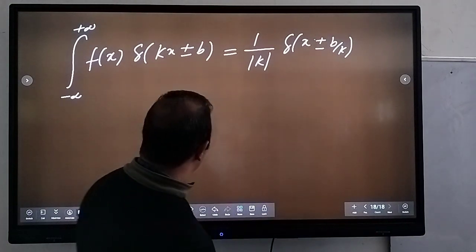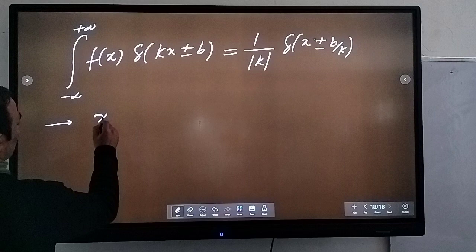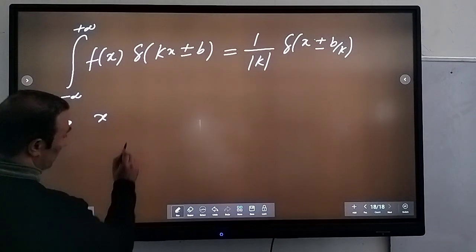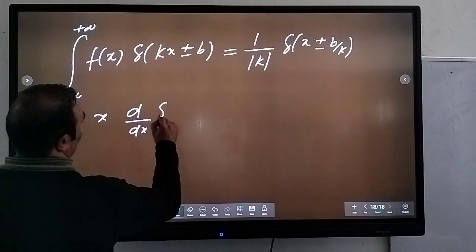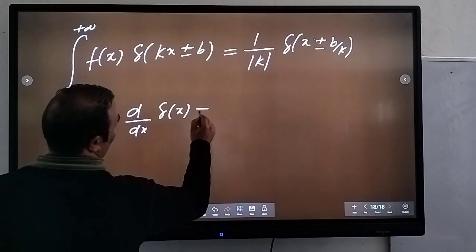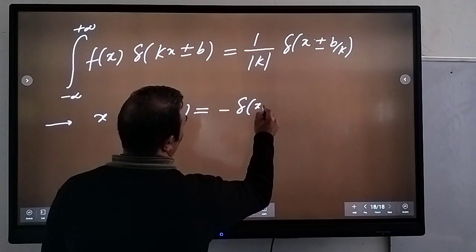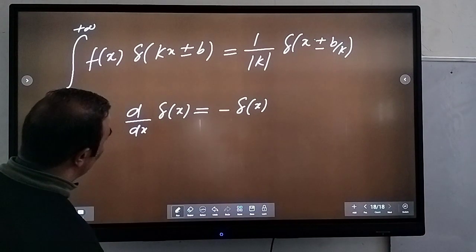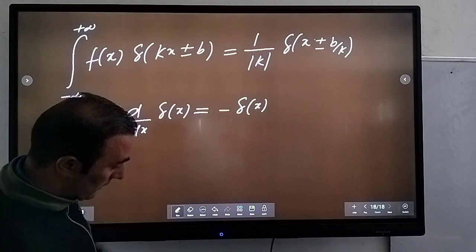Now, the last property is that if you take x d by dx of delta x, that is equal to minus delta of x, right? So that means its value is equal to minus delta of x.